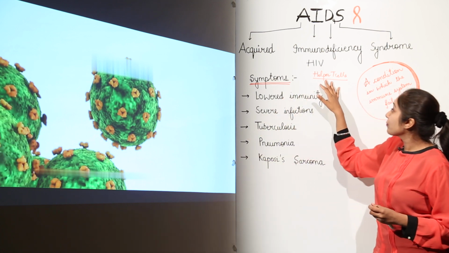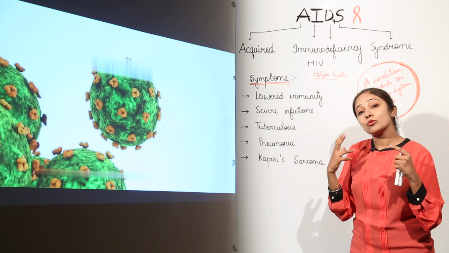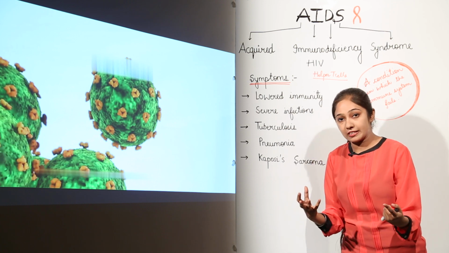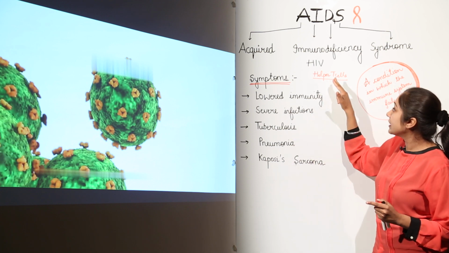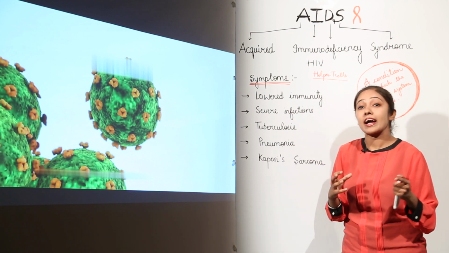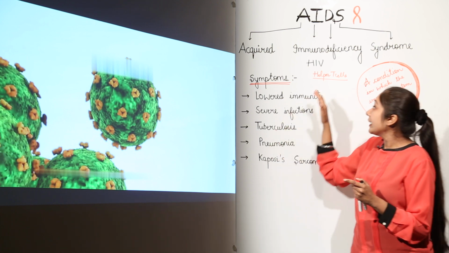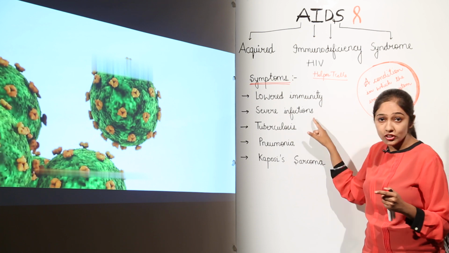They are going to initiate the formation of lymphocytes. They're going to initiate the division of lymphocytes. They're going to actually activate lymphocytes. So these helper T cells secrete some secretions which are going to activate the lymphocytes, and these lymphocytes are very important for fighting any infection in your body.